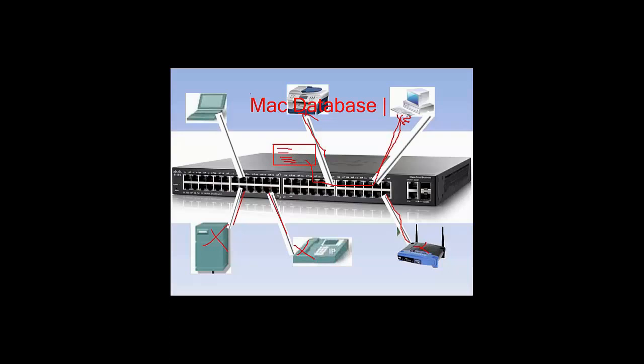With time, if you connect any other new device here, the first time it does the broadcasting, because this machine wants to send some data to this device and does not know its MAC. Once its database is updated, it gets to know, and after that it does unicast, every time.